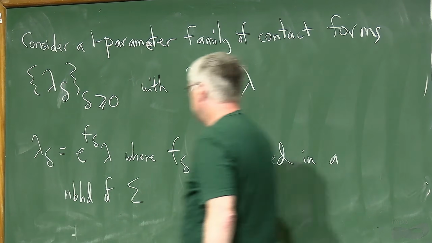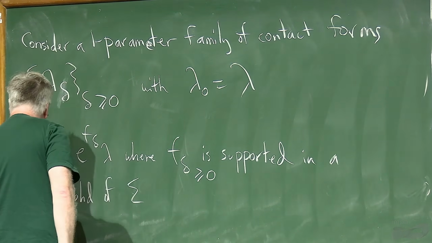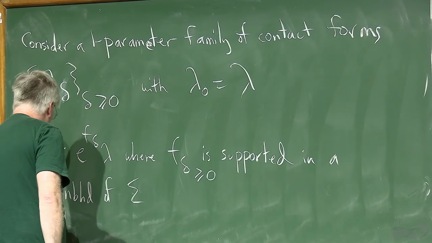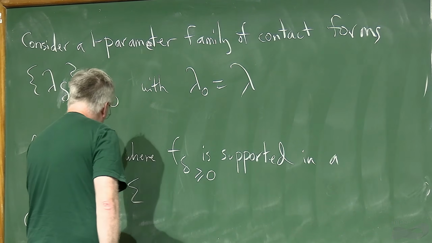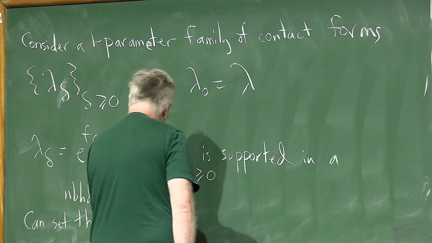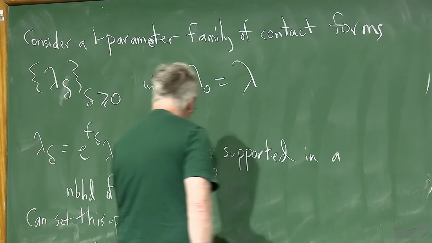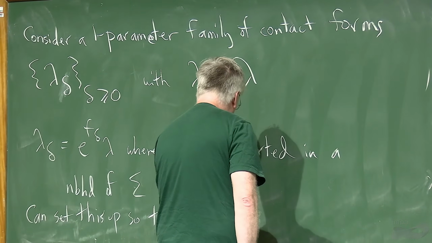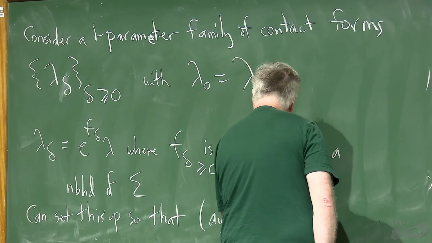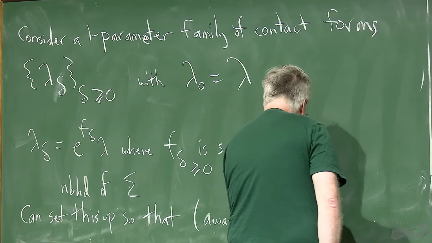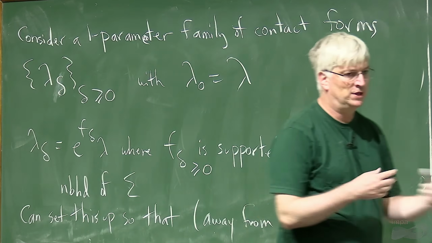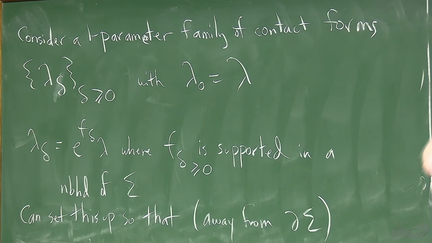You can set this up so that, at least away from the boundary of sigma, there's something a little complicated that happens near the boundary of sigma, and we're just going to ignore that for this heuristic introduction.